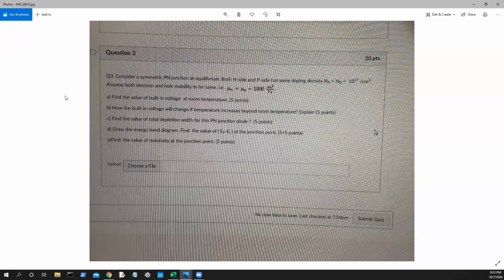That's all you do for that. And then your Fn is equal to EI minus KBT ln of ND over NI. Now, oh wait, I messed up there. The second formula is EI plus, not minus.